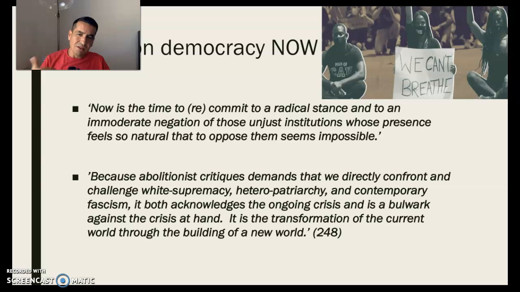And in this last quote, he states that because abolitionist critique demands that we directly confront and challenge white supremacy, heteropatriarchy, and contemporary fascism, it both acknowledges the ongoing crisis and is a bulwark against the crisis at hand. It is a transformation of the current world through the building of a new world.